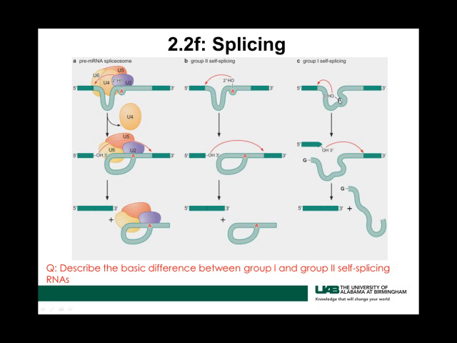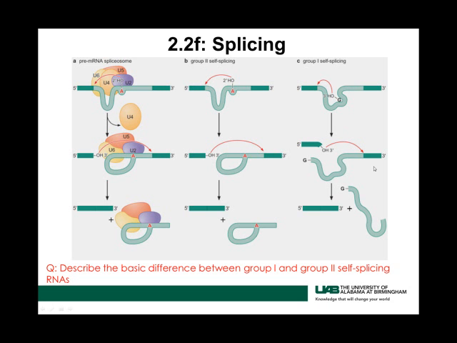Its job is to provide an OH group, like the A provides for that. But instead of the 2' OH, it actually provides its own 3' OH, since it's free, because it's not part of this intron right here.